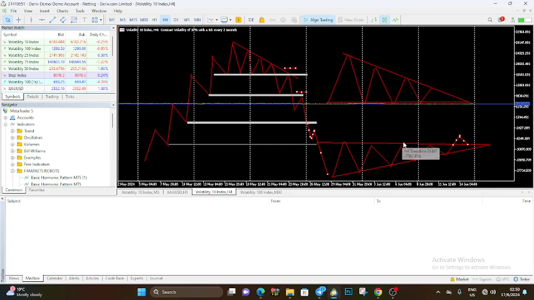This breach would have actually nullified this whole setup, so I would have been out by then, from my first entry point up until out, because this tells me that the market is about to change. So this is what I would have made.